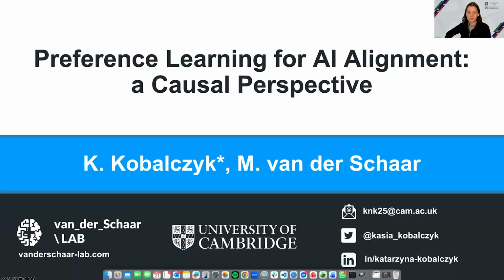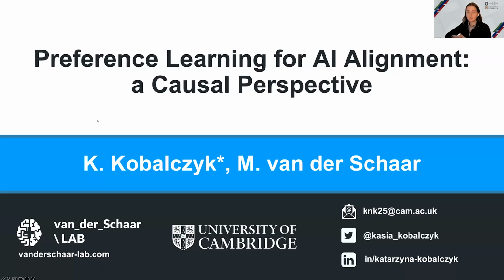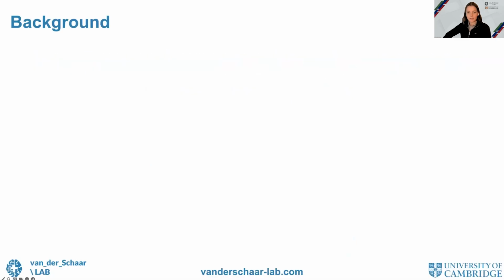Hello, everyone. My name is Kasia, and today I will present a paper, which is an ICML paper from this year called Preference Learning for AI Alignment, a Causal Perspective. Let me start with a little bit of a background for this project.